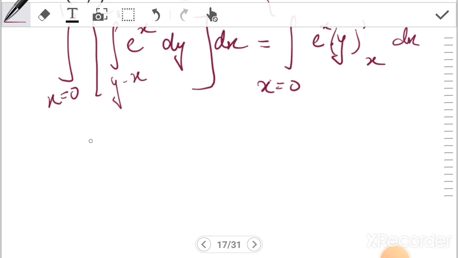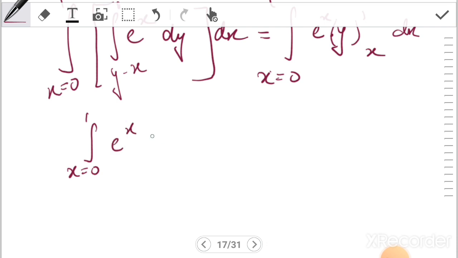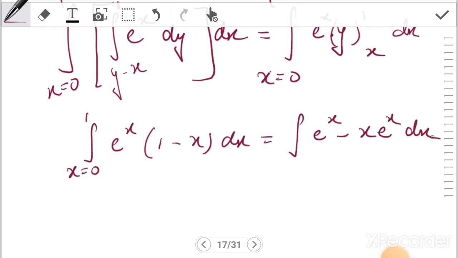Again x varies from 0 to 1, e^x (1 minus x) dx. So again integrate this with respect to x. So we have e^x minus x e^x dx, x is equal to 0 to 1.